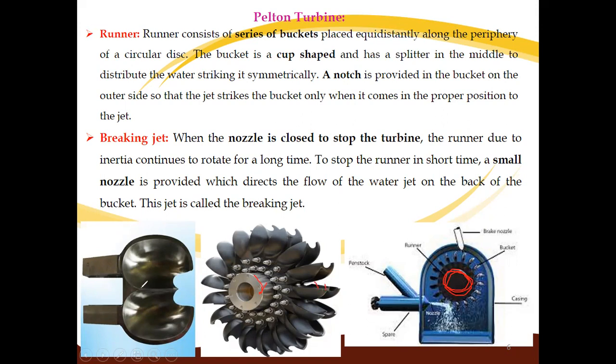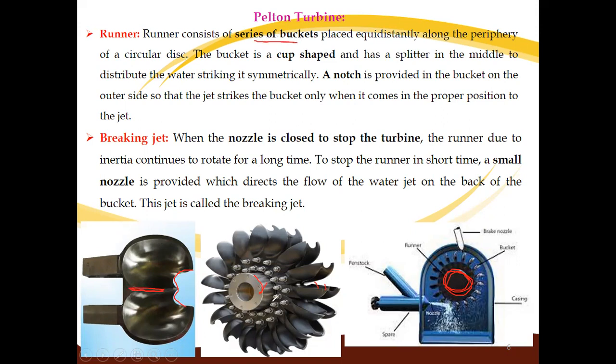If you see, this part is called a notch, and this part is the splitter of the bucket. The runner consists of a series of buckets.